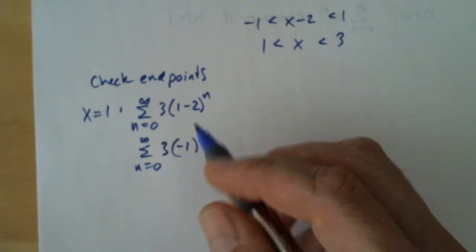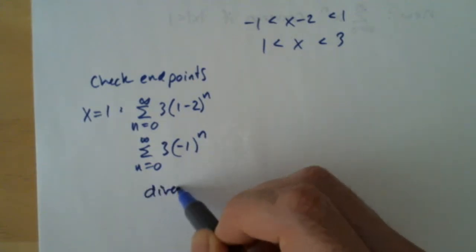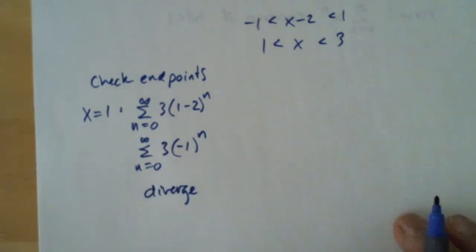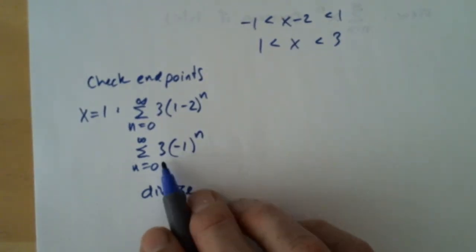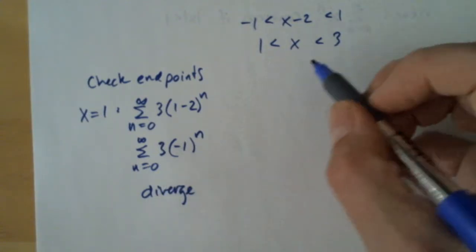So the series diverges. We could also say that it's alternating with the sequence not decreasing, so then it'll diverge.